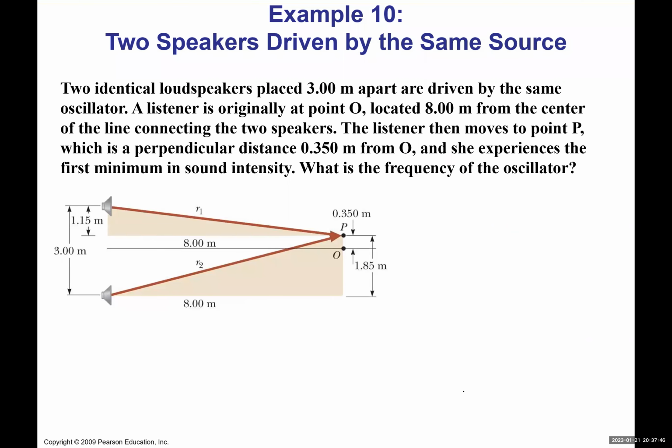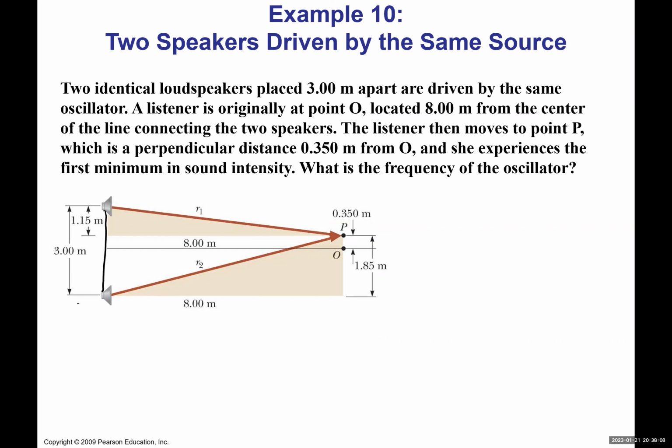All right, so let's look at a couple of examples on this. We have an example with two speakers driven by the same source. We have two identical loudspeakers placed 3 meters apart, driven by the same oscillator.